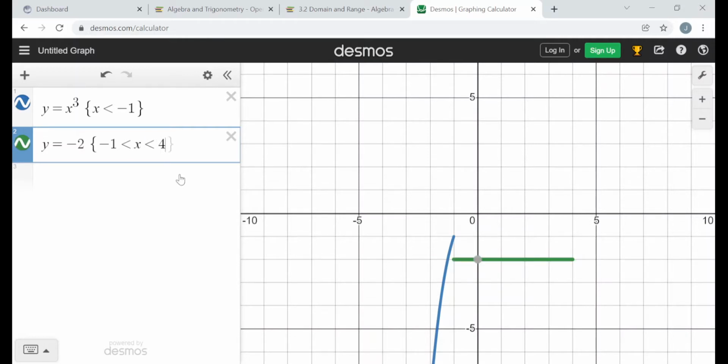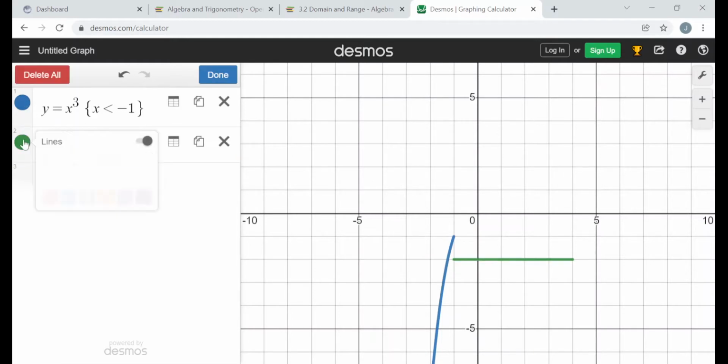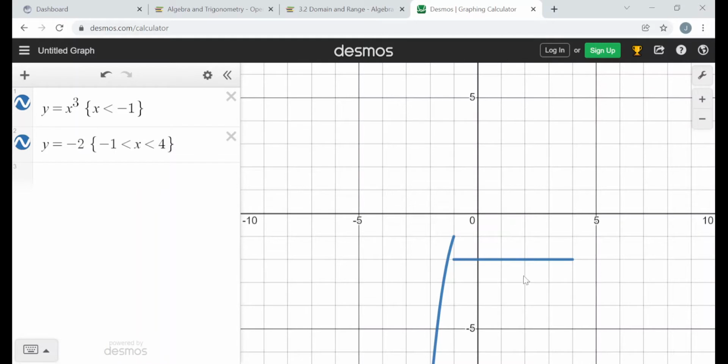So again, I put the braces and I put -1 is less than x is less than 4. And there it is, right there. That was on my graph. Now maybe I should make it the same color, because they are part of the same picture. And again, you click on any of these, you see the x coordinates between -1 and 4, and the y coordinate is always -2.